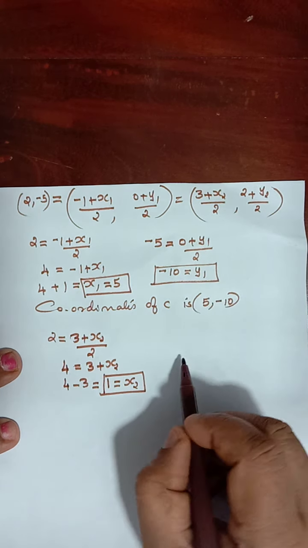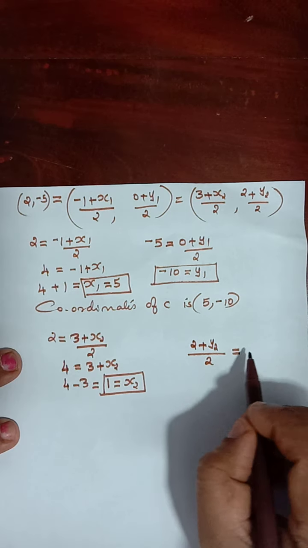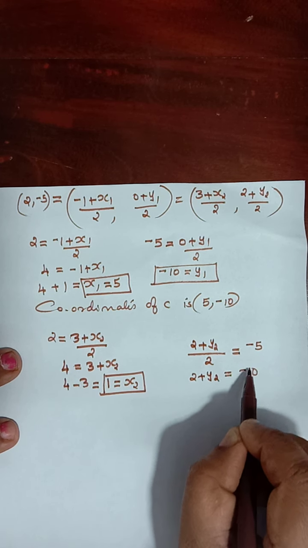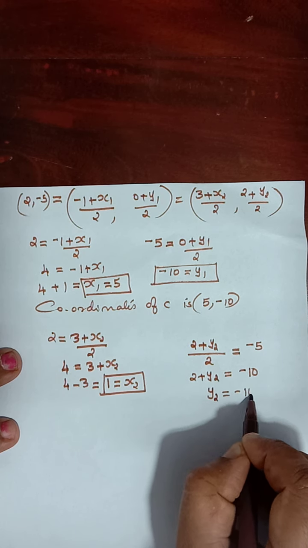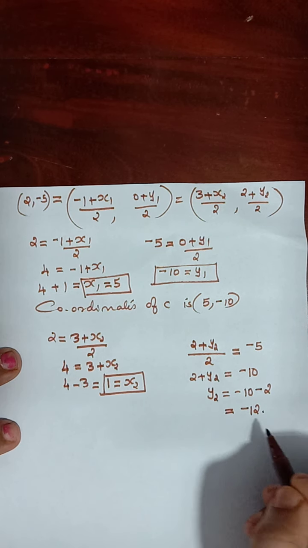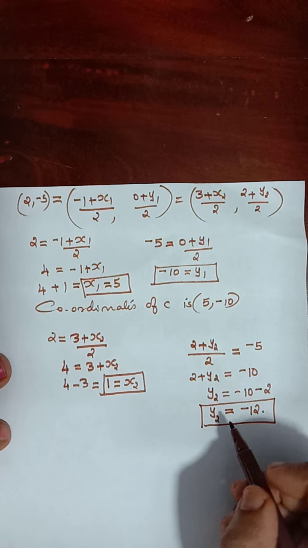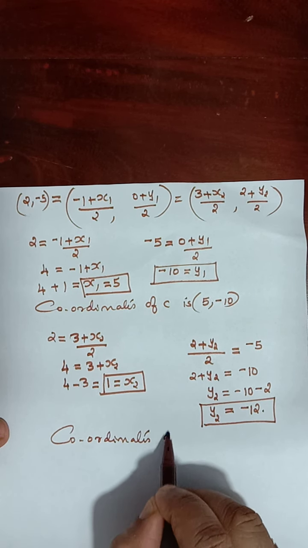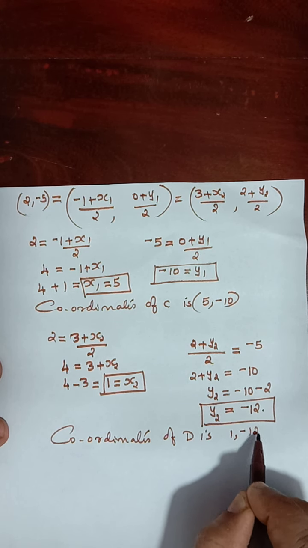And here we have (2 + y2)/2 equal to -5. So 2 + y2 equals -10, since 2 into -5 is -10. So y2 is equal to -10 - 2, that is -12. So the y2 value also we got. They are the coordinates of D. So we can write the coordinates of D, (x2, y2), as (1, -12).